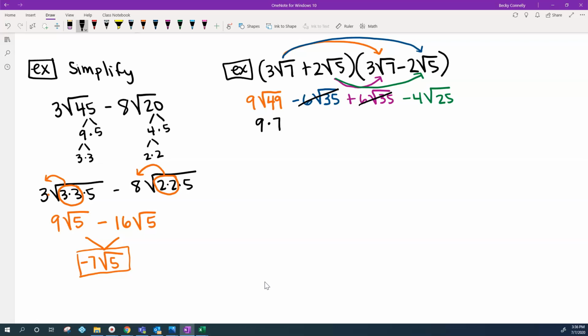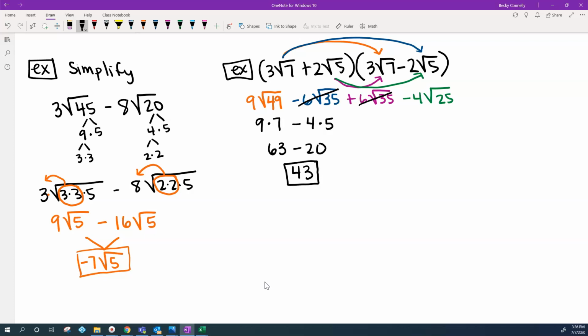So 9 times 7 gives me 63. And then I still have this other part over here, so minus 4 times the square root of 25, which is 5. So 4 times 5 is 20. And then when I subtract that, I get 43.